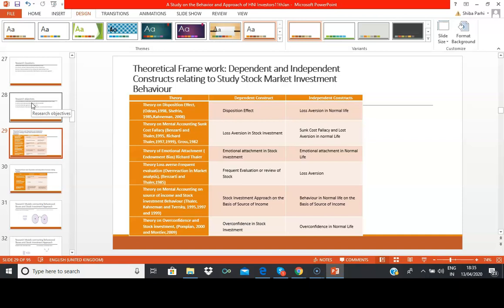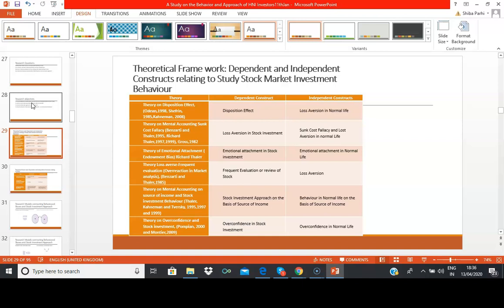Here the researcher is trying to find out the dependent and independent constructs or the latent variables relating to the study of stock market investment behavior. So in this research, the researcher wants to find out the behavioral biases in the stock market, the behavioral approach of an investor.